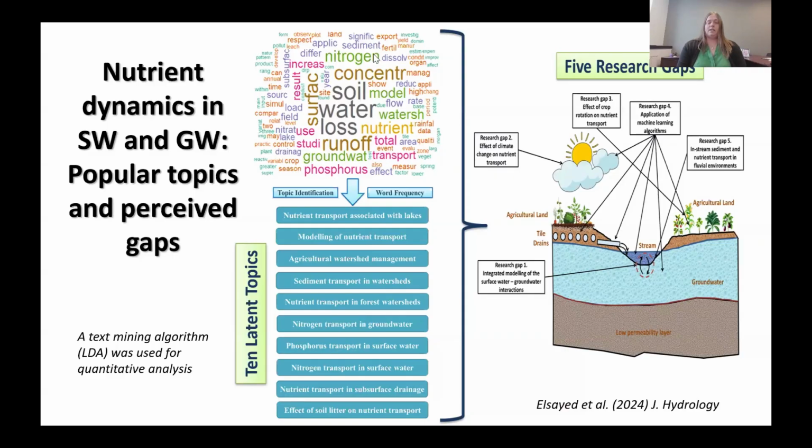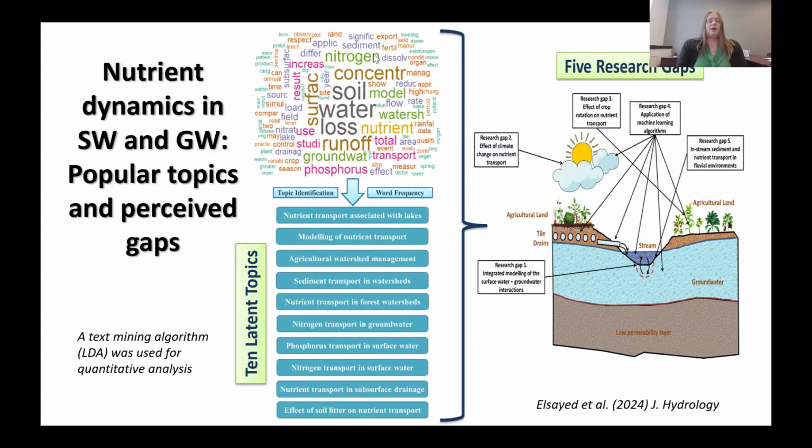But perhaps more importantly, the gaps that they identified were that we need to do more integrated modeling of groundwater surface water interactions in terms of nutrient transport and nutrient dynamics. The effect of climate change on nutrient transport could use some additional study, as well as better understanding how crops themselves are impacting nutrient transport in groundwater systems and surface water systems.